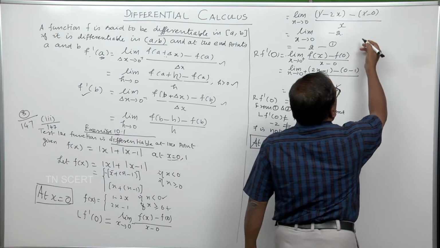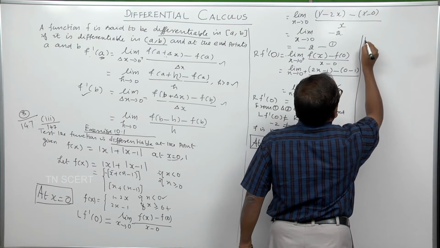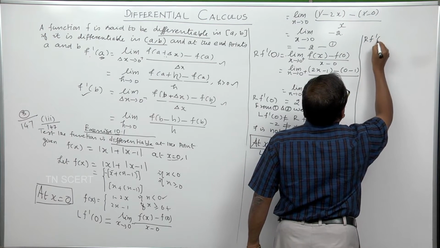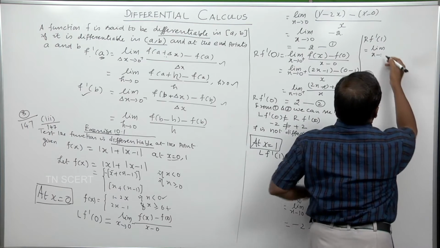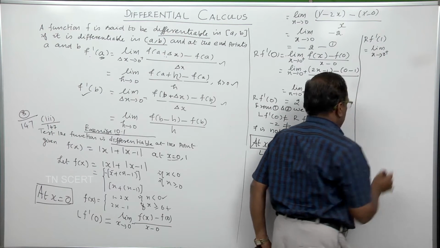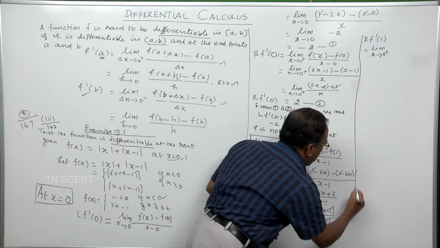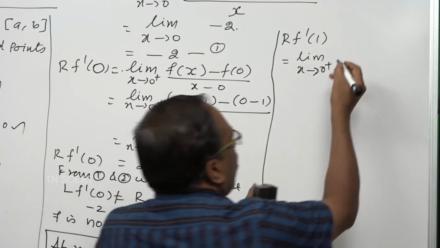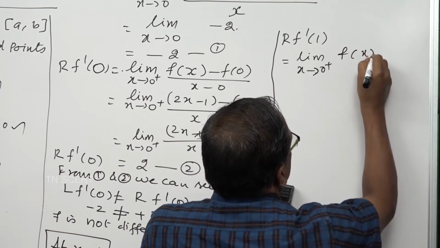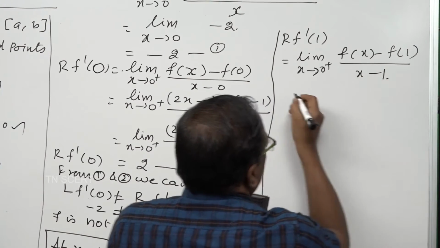So, let us take the other one, R of f dash of 1, limit x tends to 1 plus. Now, let us take the right limit, f of x minus f of 1 by x minus 1.